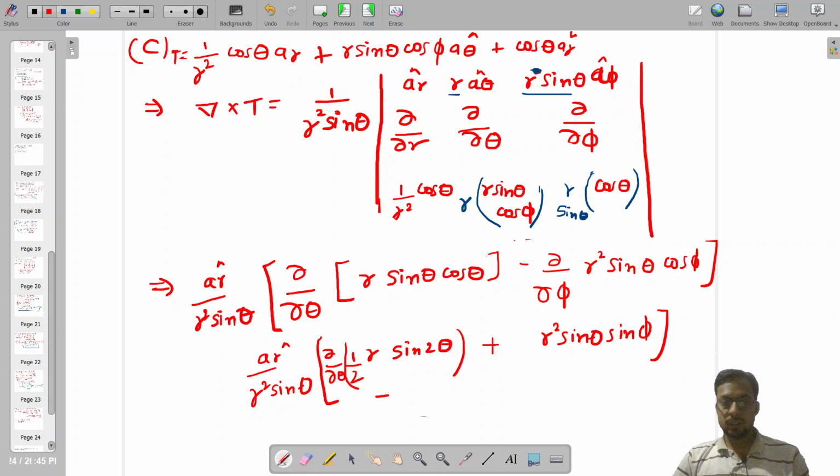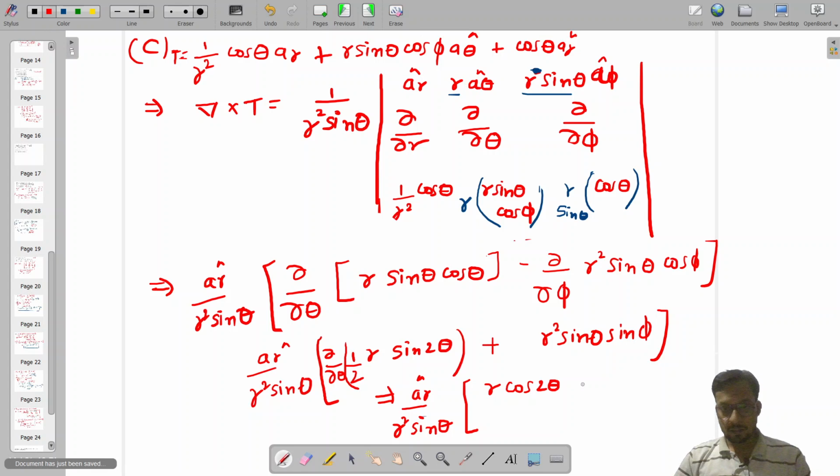So finally we have vector a r upon r square sine theta, and sine 2 theta will give 2 sine theta cos theta. So the 2 gets cancelled out, we have r cos 2 theta plus r square sine theta sine phi. I think it's correct.